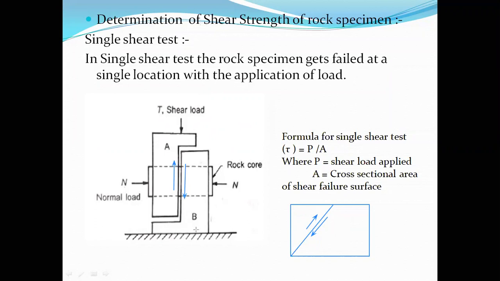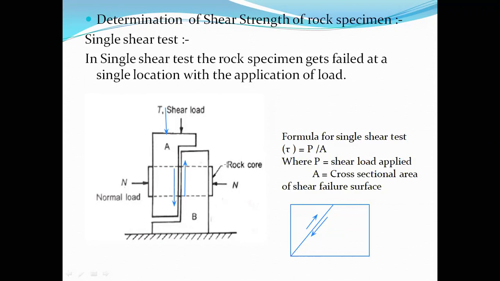If I'm not wrong, it will be like this, and this is where it is getting sheared off. So in the single shear test, the rock specimen fails at a single location with the application of the load.